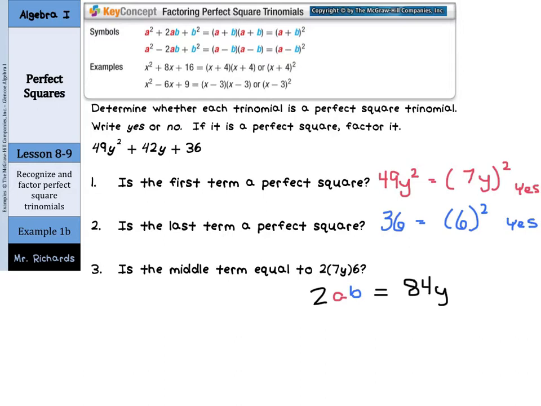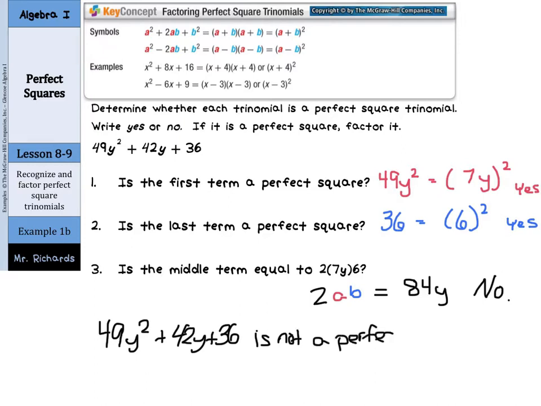Well, 84y is not the same as 42y, so this answer is no. And since it's not a perfect square trinomial, we do not need to factor it. So all we need to do to answer this question is to say 49y squared plus 42y plus 36 is not a perfect square trinomial. And we can move on.